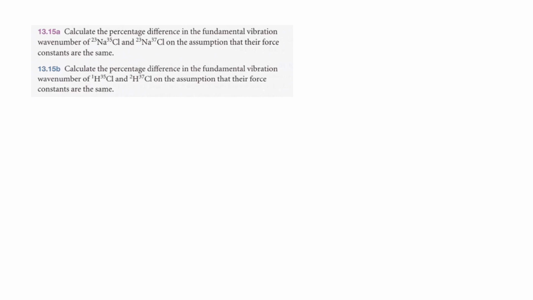Now let us go to the next set of problems. Calculate the percentage difference in the fundamental vibration of the two isotopes of chlorine in sodium chloride, on the assumption that their force constants are the same. Again, fundamental vibration and force constant, so same equation.